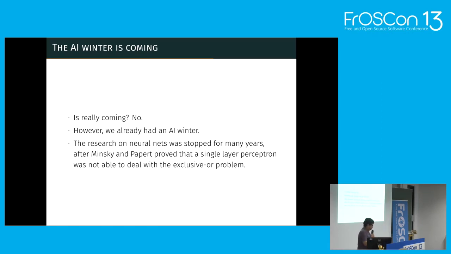But this idea is very funny because actually we had some winter before. It was chaos because some guy published some paper, and this guy proved that a single perceptron is not able to solve the XOR problem.